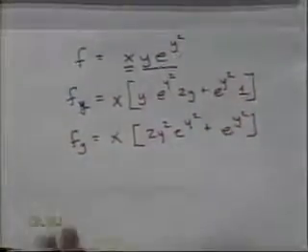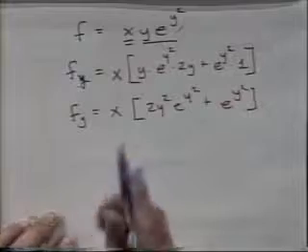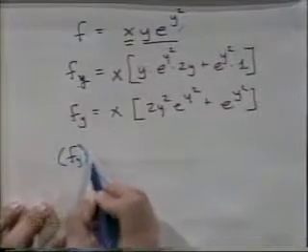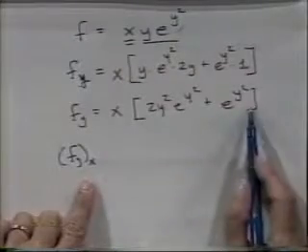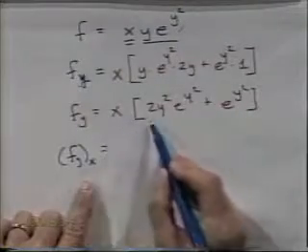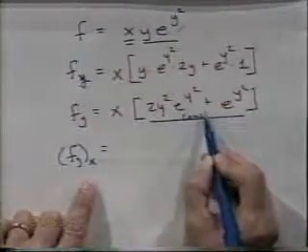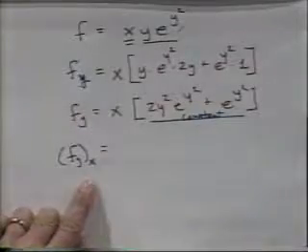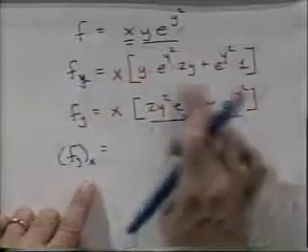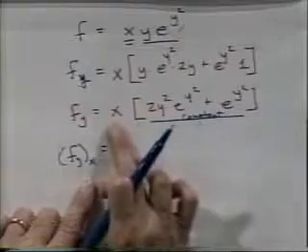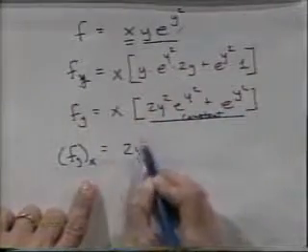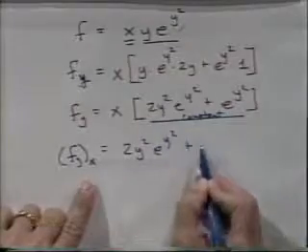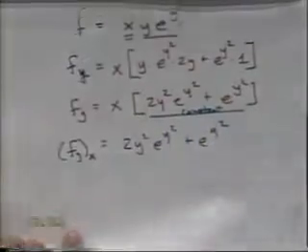Now I want to take fy and differentiate with respect to x. Well, if I'm differentiating this with respect to x, this is just x times a huge constant. This is like a big old 52. Well, the derivative of 52 times x with respect to x is just the 52. So it's just the constant, 2y squared e to the y squared plus e to the y squared.